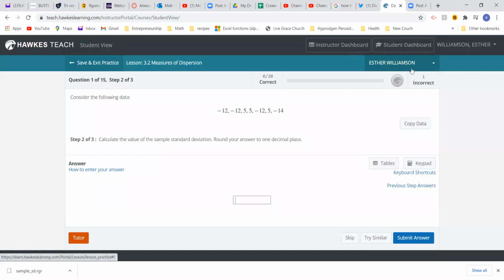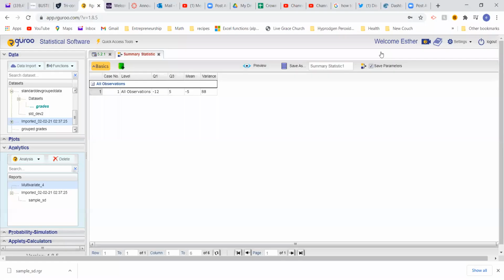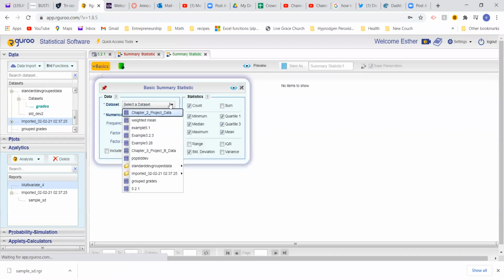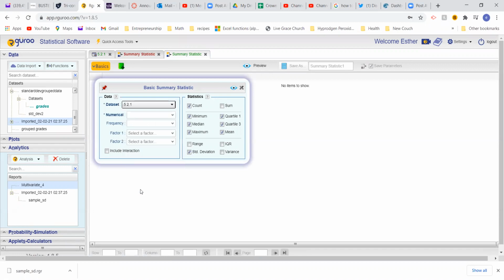The next question asks for the sample standard deviation. And so again, I can use the same process. In fact, I could get the variance and the standard deviation in one fell swoop on RGuru. So let's go back there. If I go back and do summary statistics again on that same data set, this was 5.21, and select variable 1.